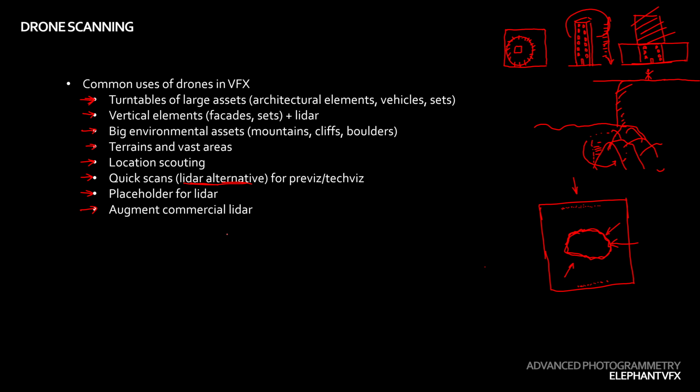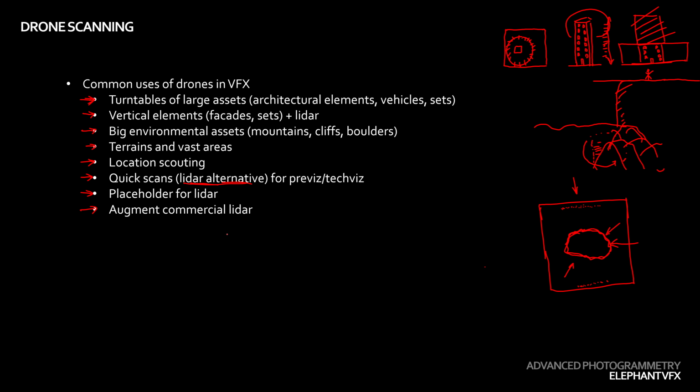But imagine that you are doing a shot where you have one character that is walking around, and you need to see that environment from the character's point of view. That aerial LiDAR is not going to have enough resolution. It might be good for the background or the midground, the mountains and all the landscape that is, let's say, 200 meters away from the character. But what about the inner circle, right? What about the 200 meters around the character? Well, those LiDARs are not going to have enough resolution.